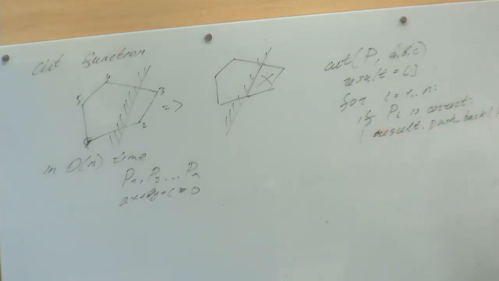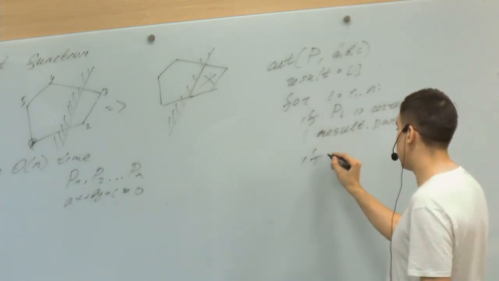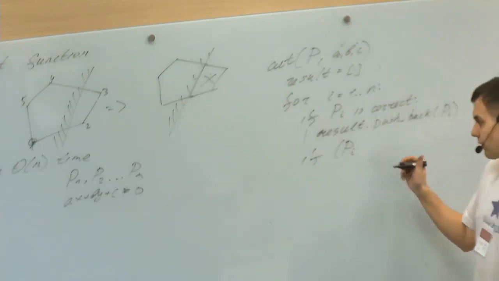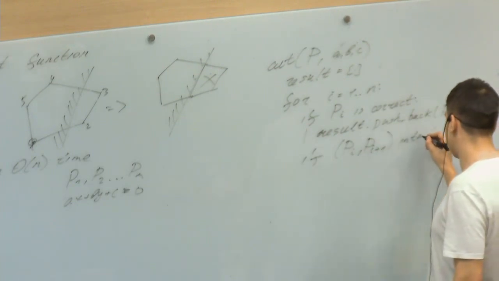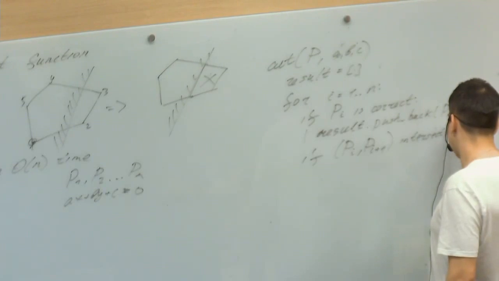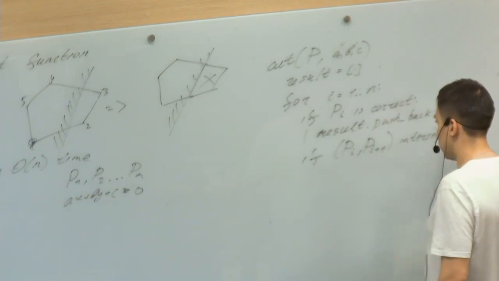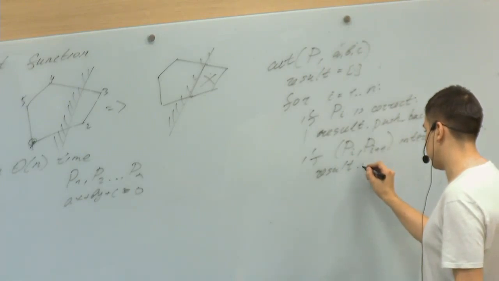That was the first part. The second part is, let's check if the segment pi to the next point, the end not included, intersects the line L. If it intersects the line, we add the intersection to the result.